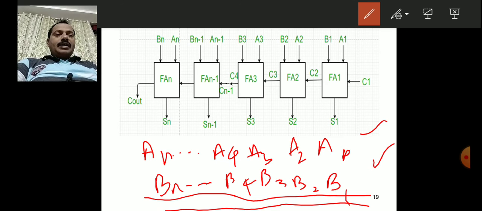You observe here A1, A2, A3 up to An, which means n full adders are needed, and the second number is B, B1 to Bn, and the sum will be S1 to Sn, and the final carry. The initial carry is always 0. The intermediate carries are fed to the next higher order full adder like this. So this is the connection. This is the n-bit parallel adder.